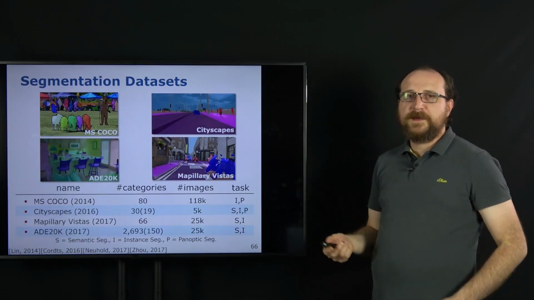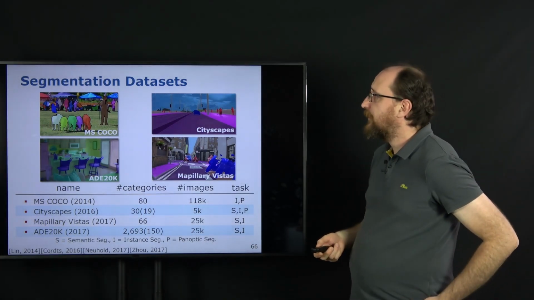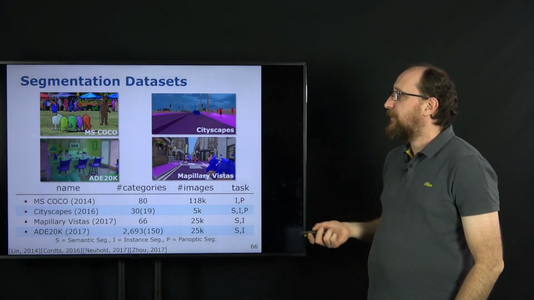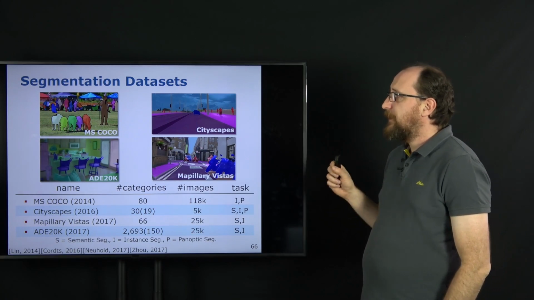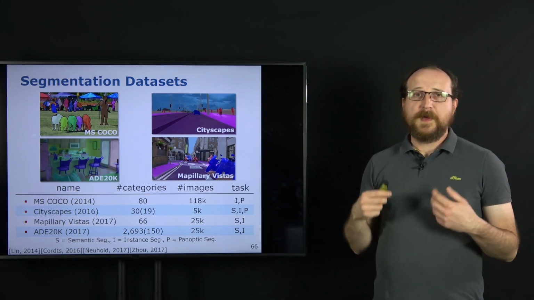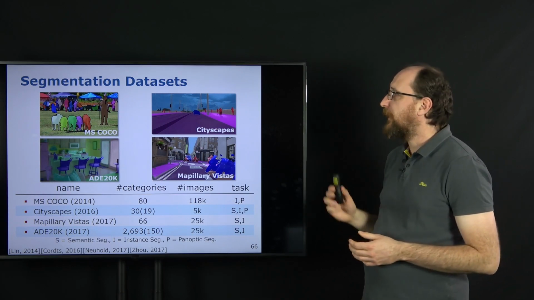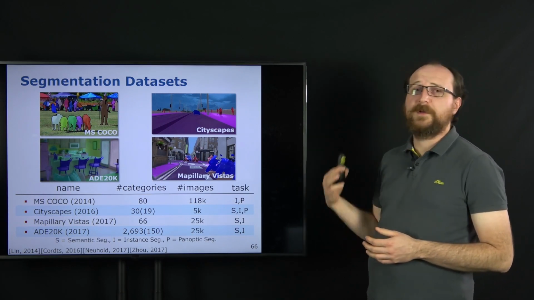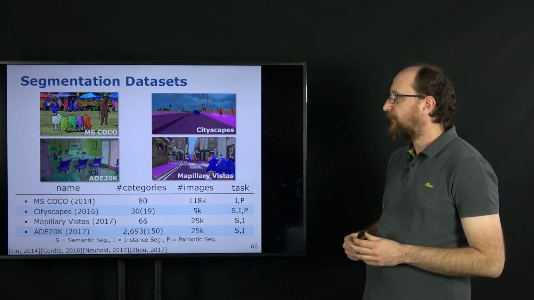For tasks like semantic segmentation or panoptic segmentation, there are also some datasets available. But here the amount of labor needed to label the data is, of course, much higher, and therefore there are not as many datasets as for the detection task.